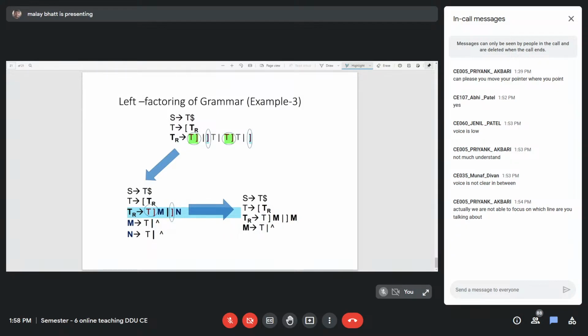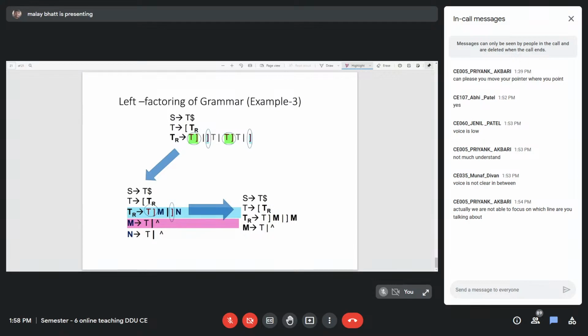So we are writing T closing bracket from the first and third, T closing bracket is common, and we are taking a new non-terminal M. Similarly, from the second and fourth rule, we are taking the common alternative, that is closing bracket, and will introduce a new non-terminal N. Now for non-terminal M, we are writing the remaining portion from the first and third rule.